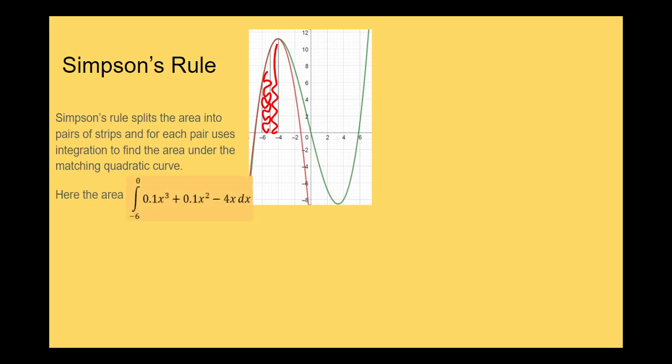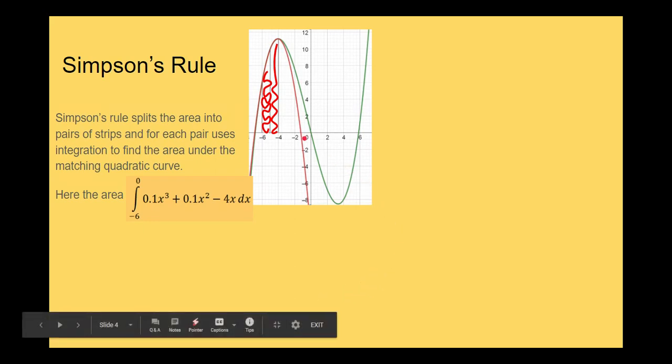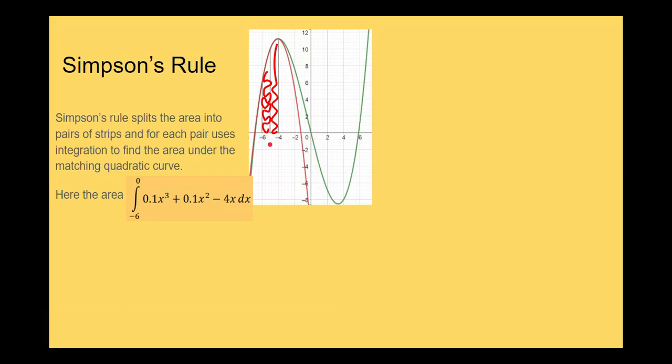So what we're interested in is for the green curve, and you can see there it's a cubic, is we want to use the limits of 0 and -6 and find the area under our green curve in that range. So how are we going to do that? We've just got 2 strips and they're between -6 and -4.